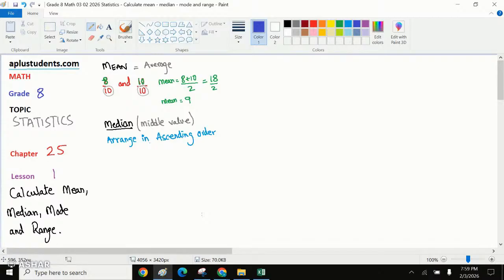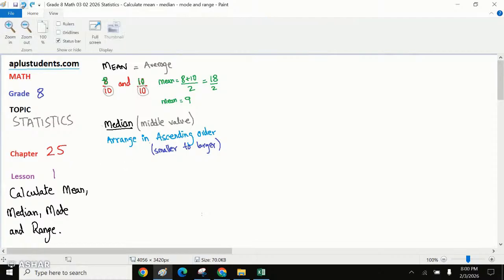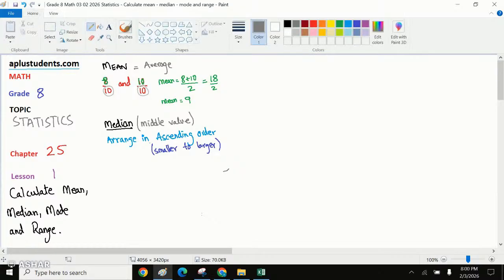D for descent and D for down, that means you're going down. Ascend means we move from smaller to larger value. And the median is basically the middle value. So once we have arranged them, we find the middle value.